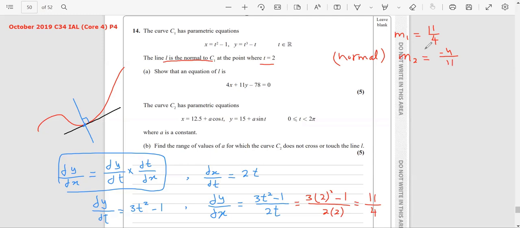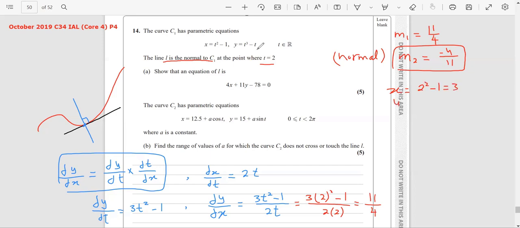So now you have the gradient for the normal, and we need to find the equation for the normal. You need to have a point or the y-intercept. So to get a point, you have the value of t where the normal meets C1. Here you need to replace t in x and in y to get the point. To get the value of x, replace t by 2: 2 squared minus 1 gives 3.